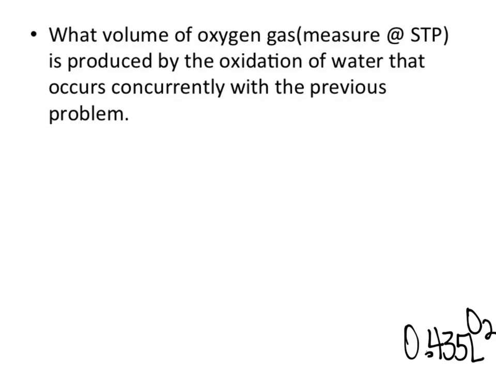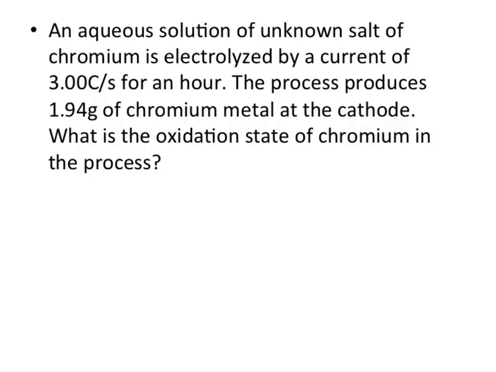An aqueous solution of an unknown salt of chromium is electrolyzed by a current of 3 coulombs per second for an hour. The process produced 1.94 grams of chromium at the cathode. What is the oxidation state of chromium in the process?